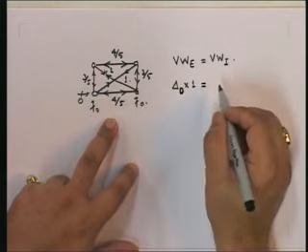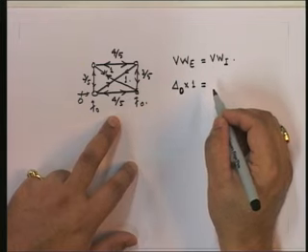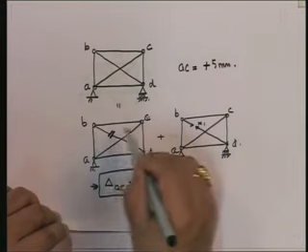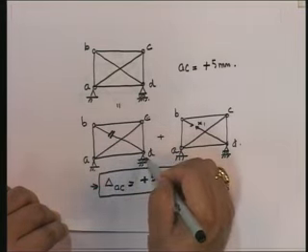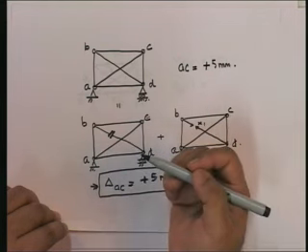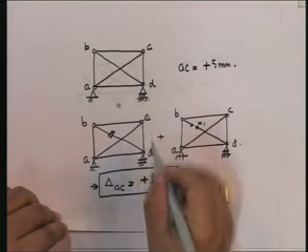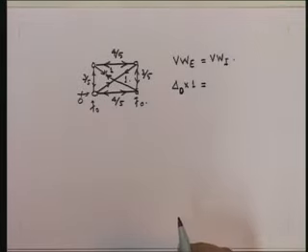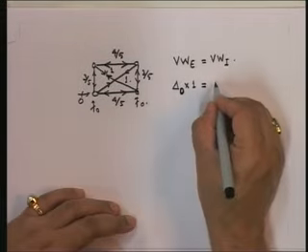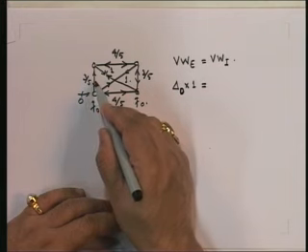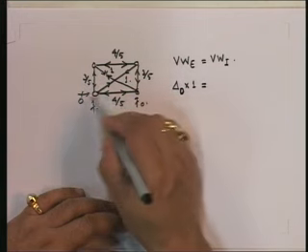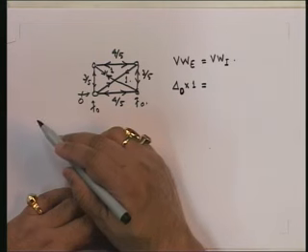It is equal to the work done by all the real deformations. What are the real deformations? AB 0, BC 0, CD 0, AD 0, BD obviously 0, and AC plus 5 millimeters. All these virtual forces are multiplied by their corresponding real deformations.